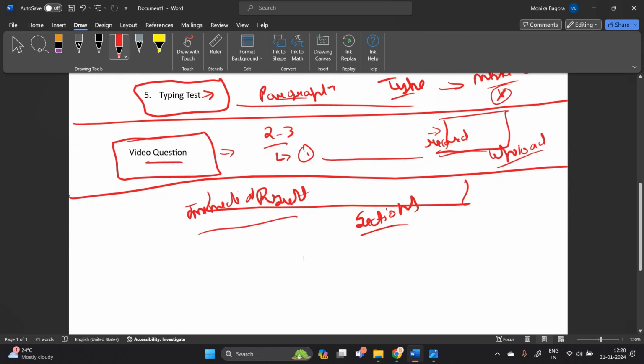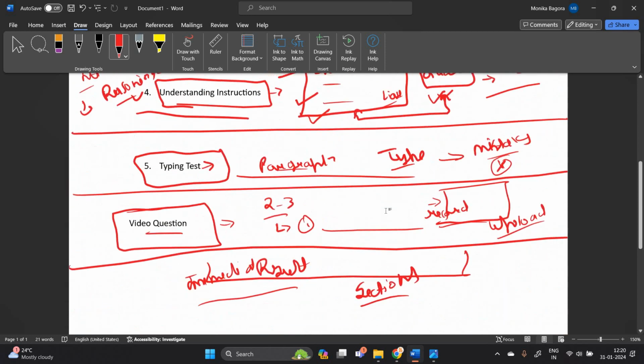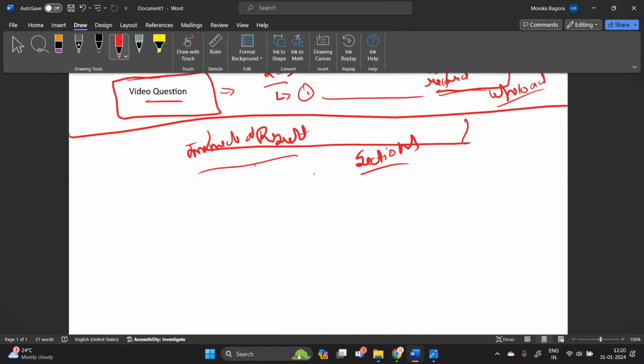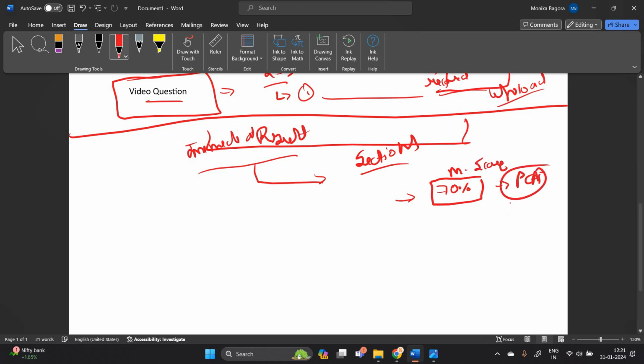There is an important point: a 70% cut off, meaning a 70% minimum score is required to qualify. This is related to the PCAT test, the preliminary candidate assessment test, in which there are 5 sections. After that there is a functional technical round and an HR round.